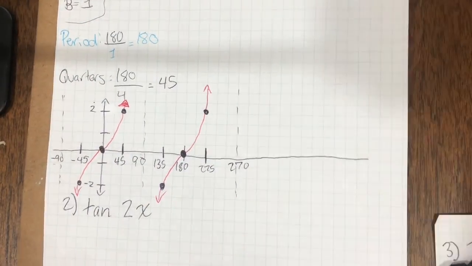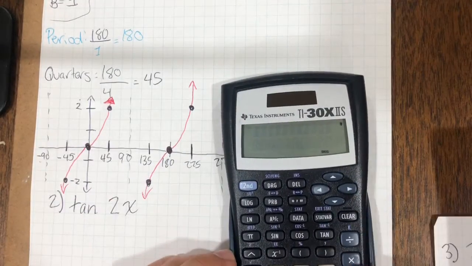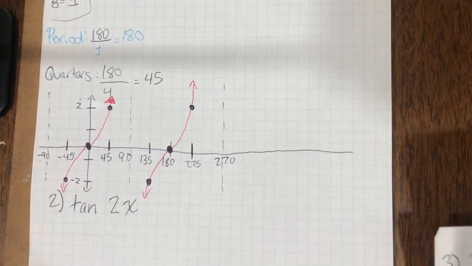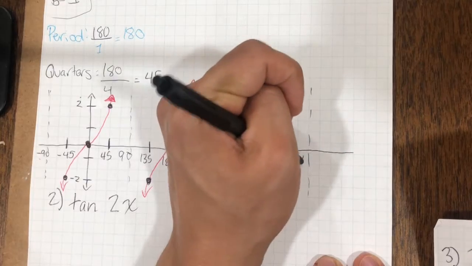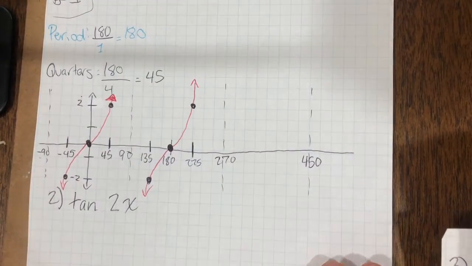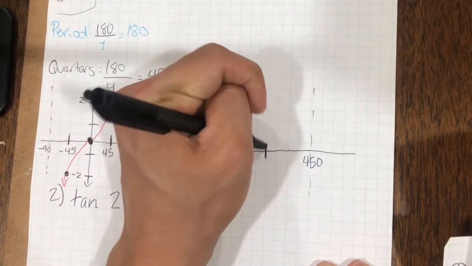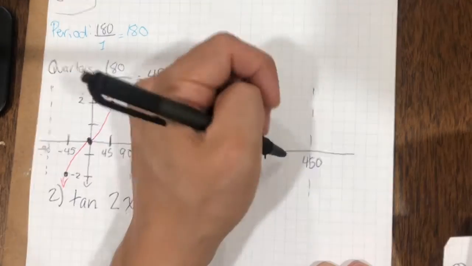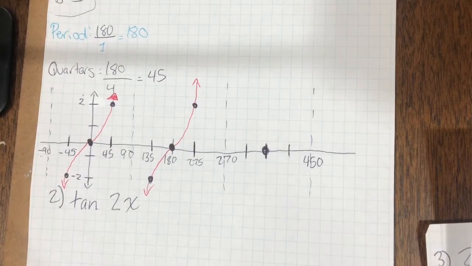So then for my final graph, I'm going from 270 to another 180 degree period. I take 270 and add 180, I get 450. So from 270 to 450, that's a full 180 degree rotation in a unit circle. I have a middle number, and then my two smaller halves, going by 45s.